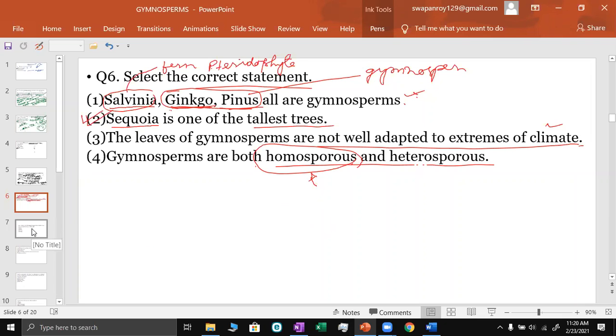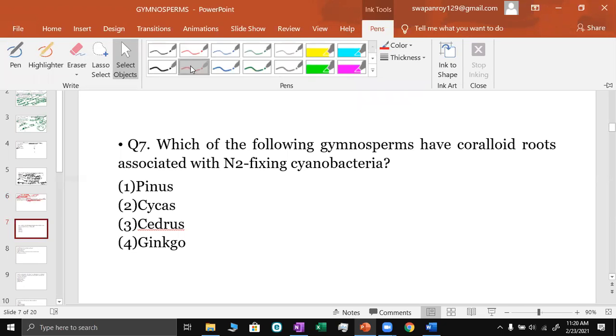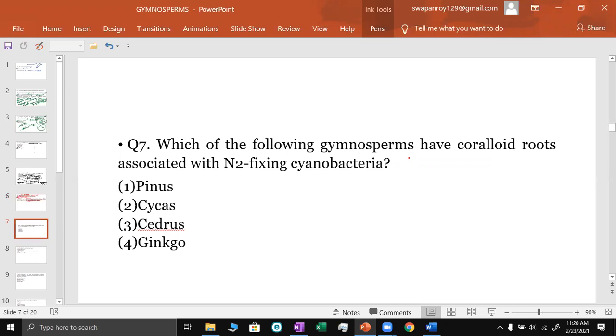Okay, come to next question number 7. Which of the following gymnosperms have coralloid roots associated with nitrogen fixing cyanobacteria? Coralloid root. Which plant has?